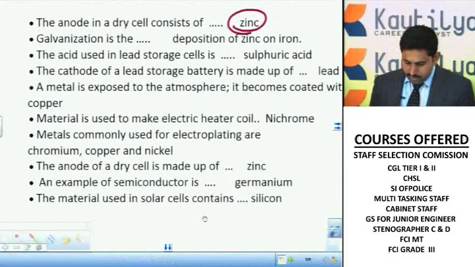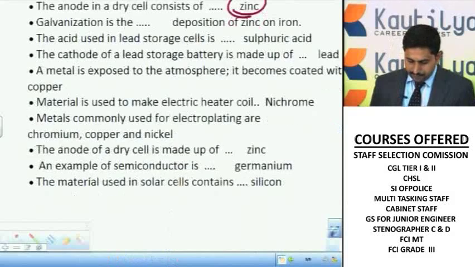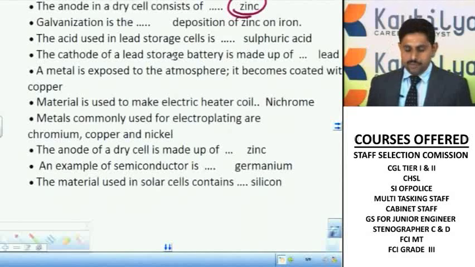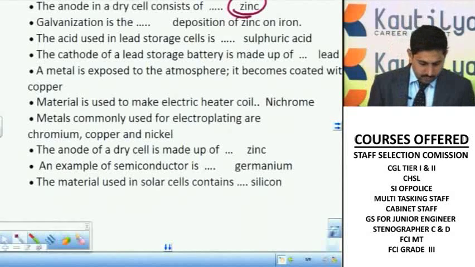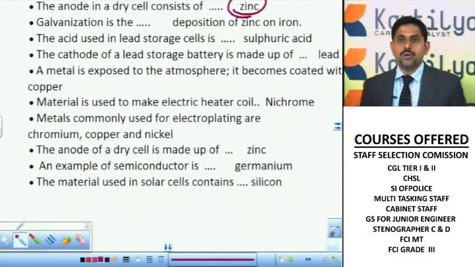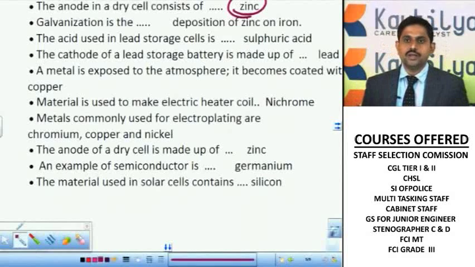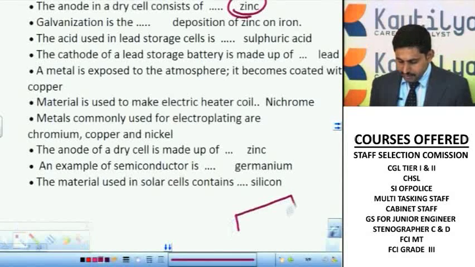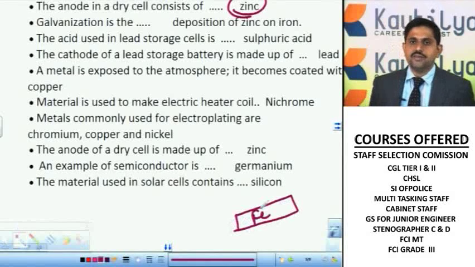During the process of electroplating, hope you remember, you know what electroplating is. Gold coating and chromium coating, all these are considered electroplating. Likewise, galvanization is a process where, for example, there is an iron rod, and if this iron rod is exposed to the atmosphere, it will cause rusting.